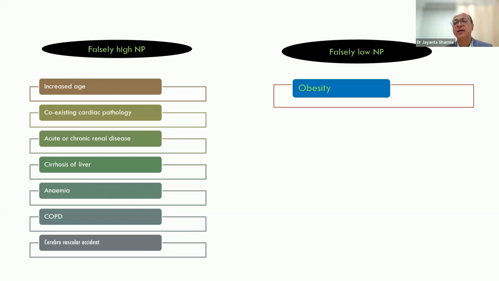A falsely low NT-proBNP we usually get in obese patients. But in general, in our hospital or any hospital, there is a cutoff value. If the value is beyond 3 times the normal value, it is definitely suggestive that the patient probably has heart failure.